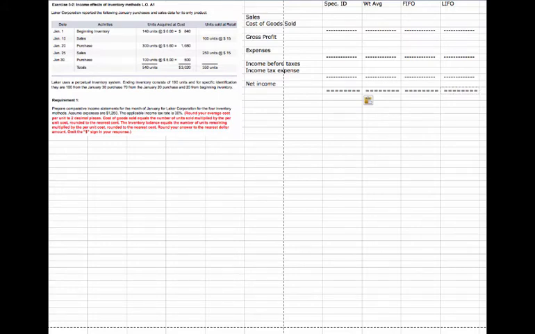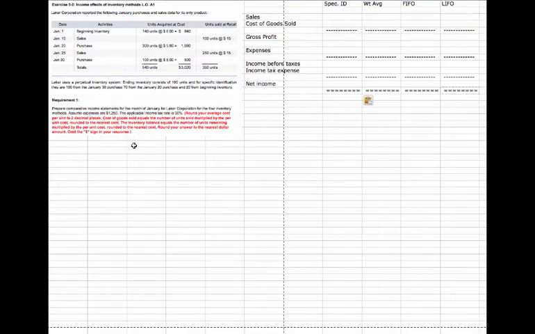What we have here is beginning inventory of 140 units at $6, which gave us a total of $840. We sell 100 units at $15. We purchase 300 units at $5.60, and then we sell additional products and we purchase some more.